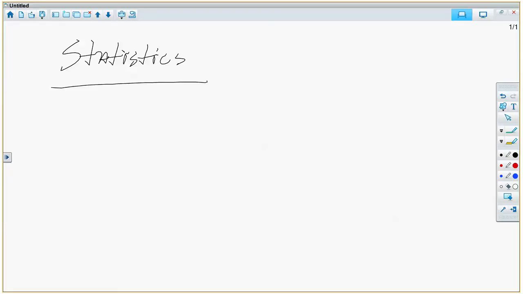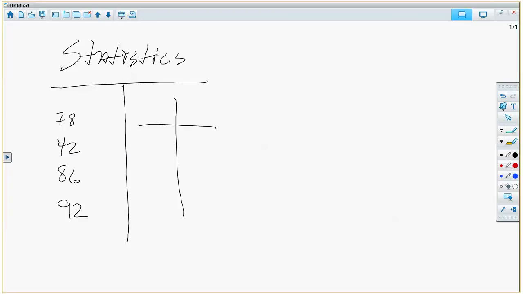I told you that when you get your mean, median, and mode, you can do it with a test group, like test grades, 78, 42, 86, 92, and you find your mean, median, and mode with test grades. Remember that? And then I said that you could find the mean, median, and mode with a frequency distribution.